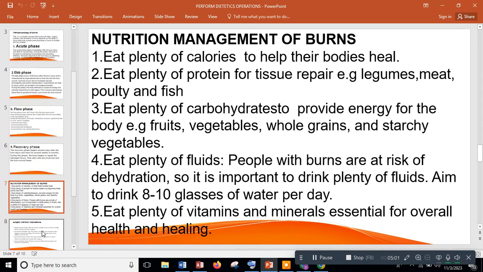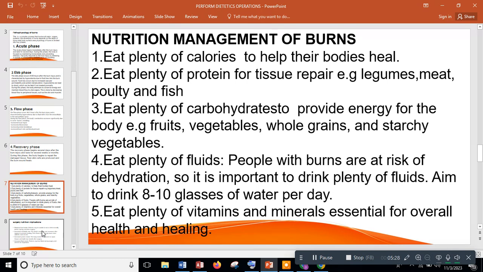Then we have the nutritional management of burns. You eat plenty of calories to help their bodies heal. You eat plenty of protein for tissue repair, for example, the legumes, meat, poultry, and fish. Then you eat plenty of carbohydrates to provide energy for the body, for example, the fruits, vegetables, the whole grains, and starchy vegetables.